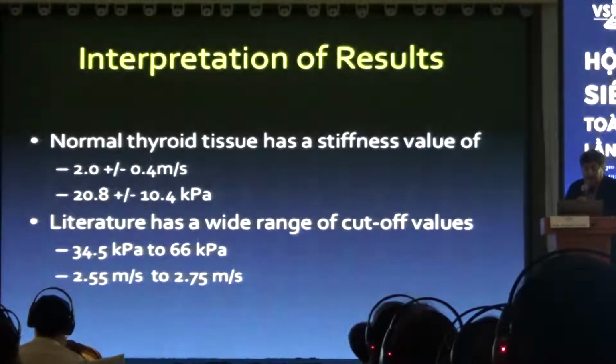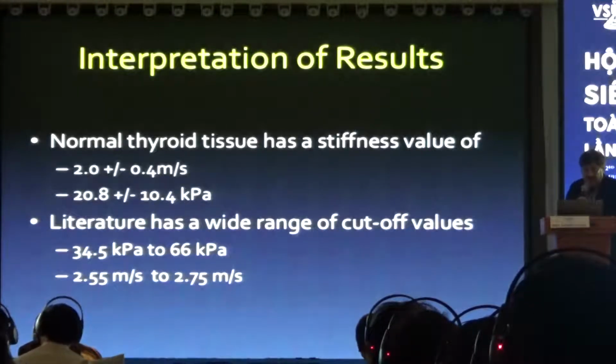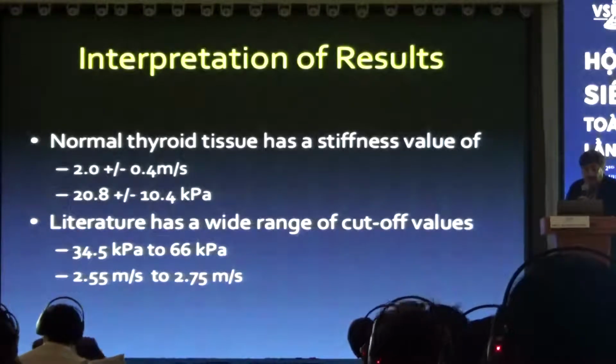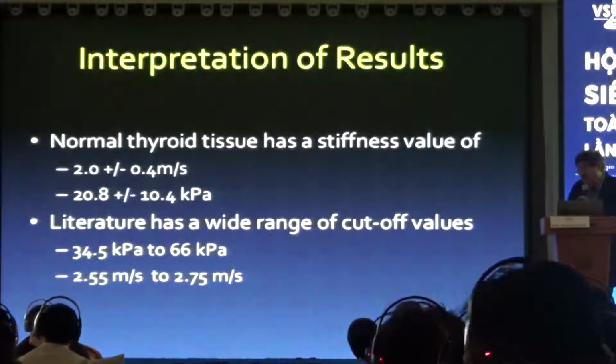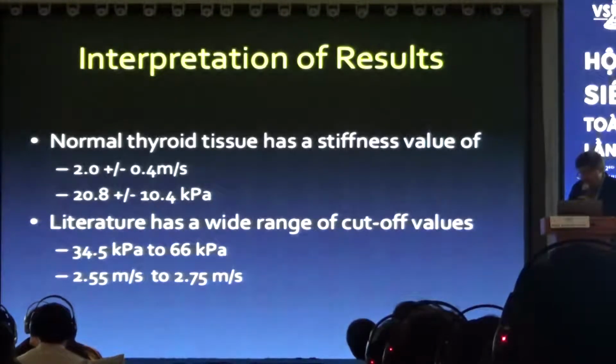Normal thyroid has stiffness values of about 2.0 meters per second or 20 kilopascals. And again, if you look at the literature, the cutoff values between benign and malignant vary from anywhere from 34 kilopascals to 66 kilopascals, or 2.5 meters per second to 2.8 meters per second.